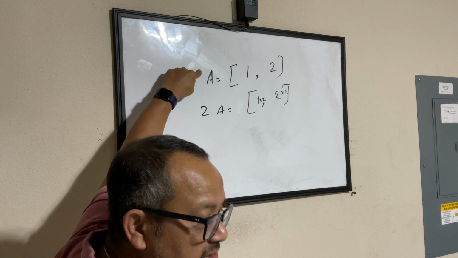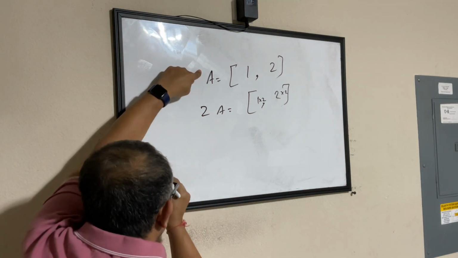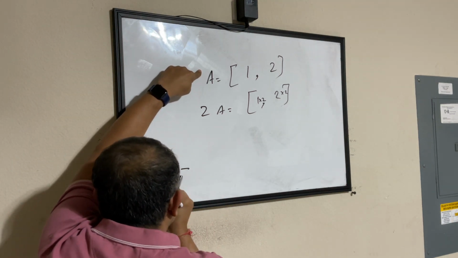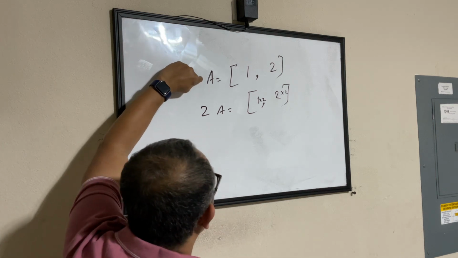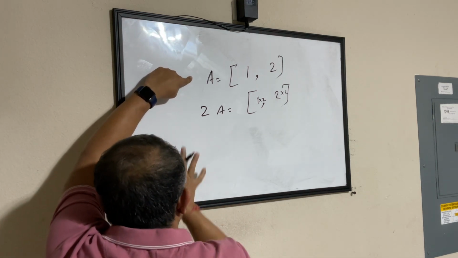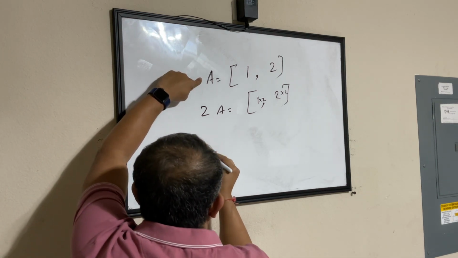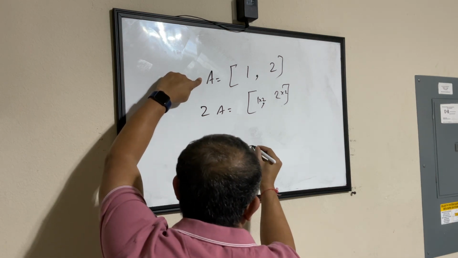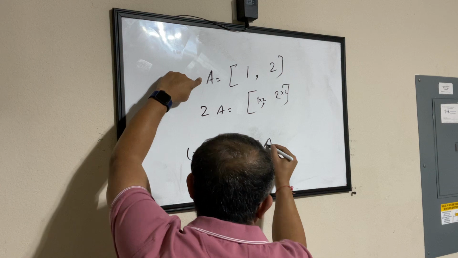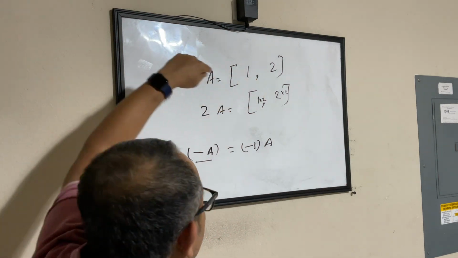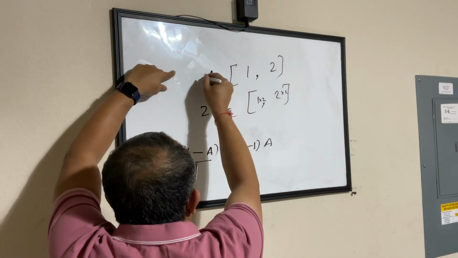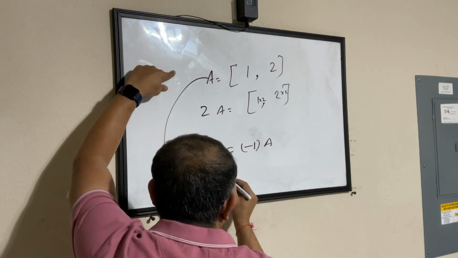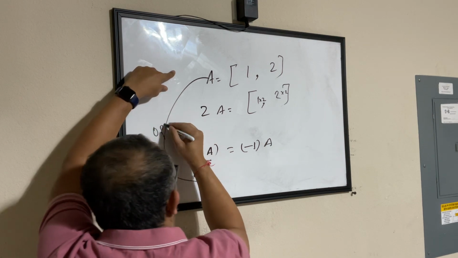If I'm saying opposite matrix, I'm saying opposite of plus is minus, opposite of minus is plus. So here I have nothing, that means I have a plus. Opposite of that will be minus A. How do I get minus A? I get minus A by multiplying A by -1. So same thing I will do. If somebody says find out the opposite of A, I will say this is opposite.